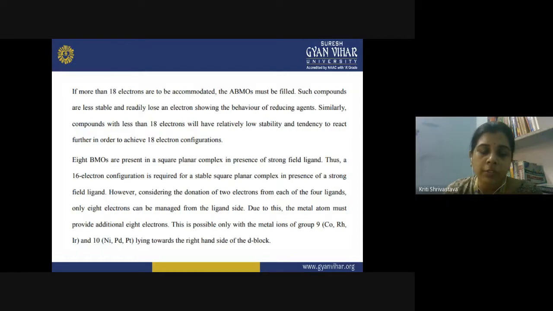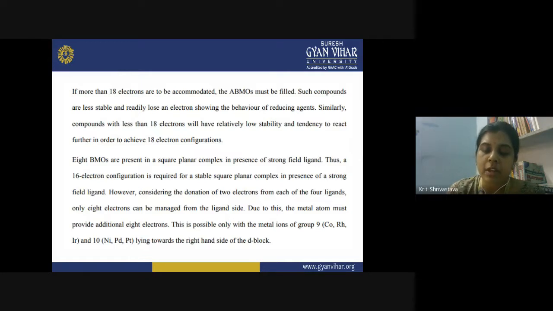Like we have seen, 8 BMOs are present in the square planar complex. In the octahedral, we have 9, and in the square planar complex, we have 8 BMOs. And in the presence of a strong field ligand, this happens. So a total of 16 electron configuration is required for a stable square planar complex in the presence of a strong field ligand.